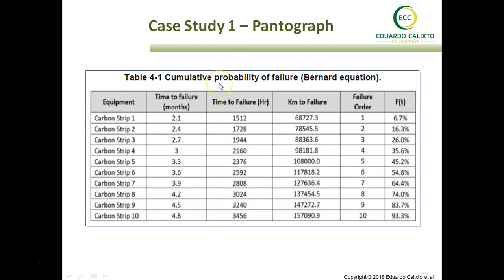But it will be enough to look at this example. We have 10 carbon strips from 10 pantographs in different trains. So we have a fleet with 10 trains, each train has one pantograph, and we are collecting data from the carbon strips. As we discussed before, this is grouped data. We got the data from a sample of a population of equipment, the carbon strips in different trains.